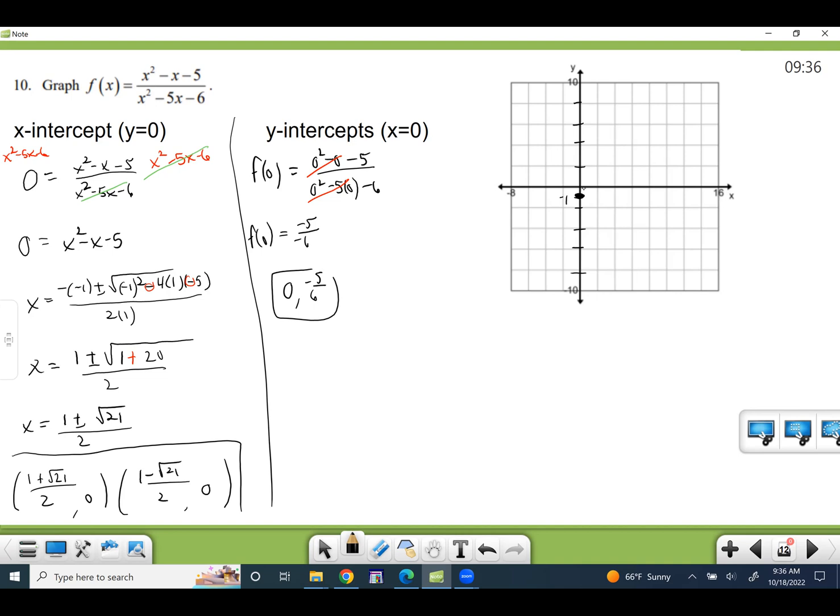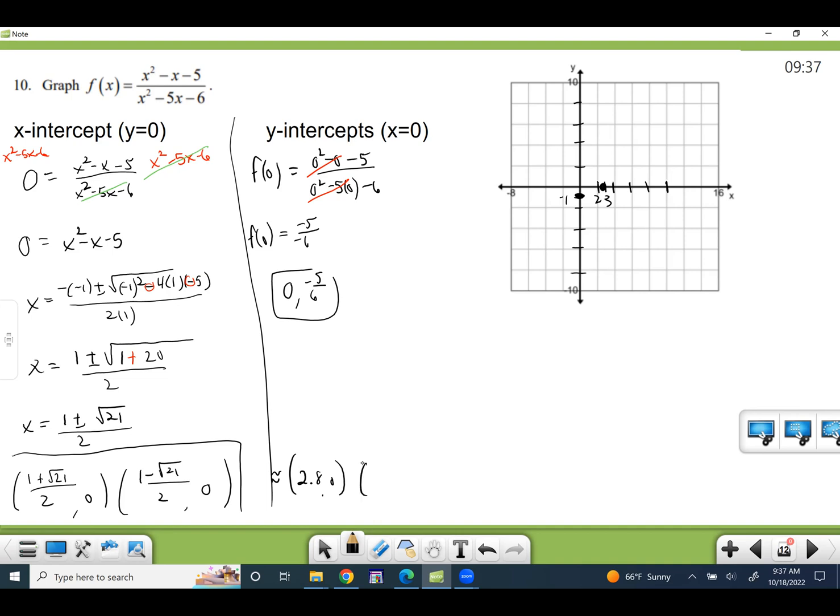So for these points over here, you guys, I'm getting around 2.8-ish. That's an approximation, right? So 2.8, comma 0. And remember we're counting by 2's, right? So this would be 2. 3 would be like right here. So 2.8 might be like right there.